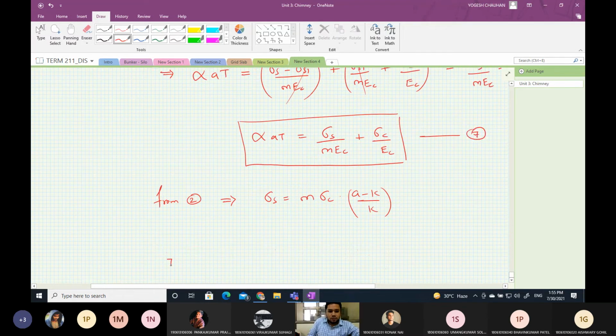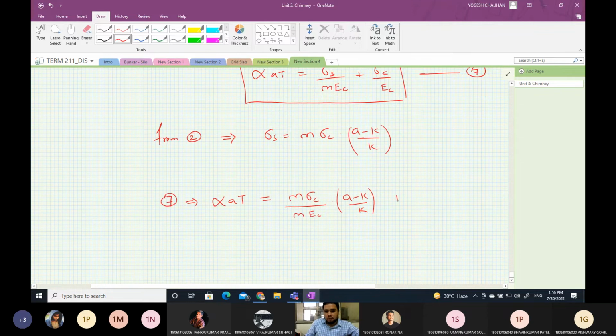So substituting, 7 implies alpha t equals sigma s is m sigma c divided by m Ec times (a minus k) by k, plus sigma c by Ec.